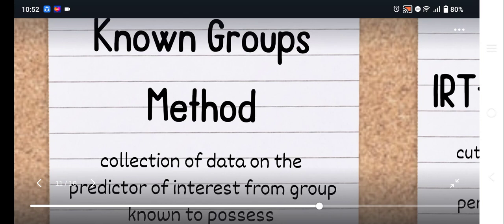Okay, which is the score at the point of least difference between the two groups.